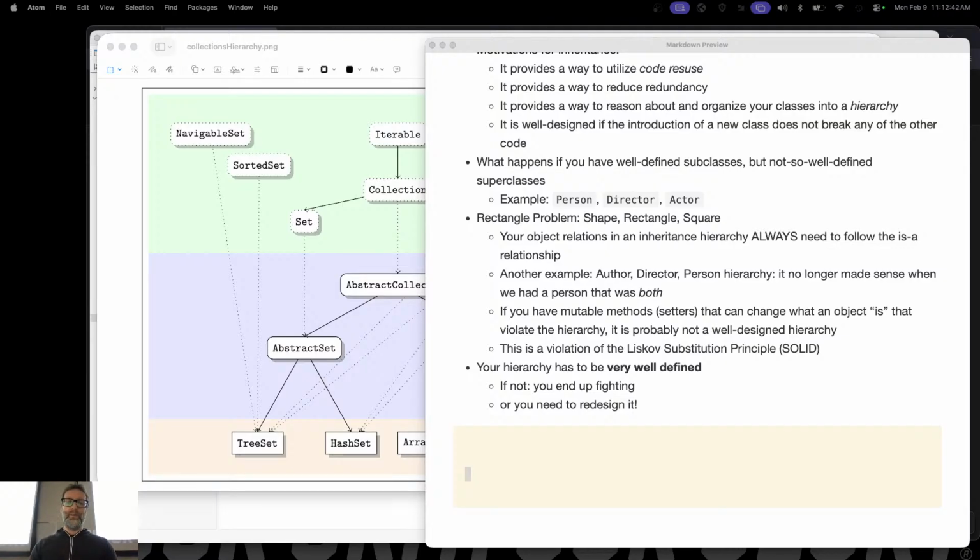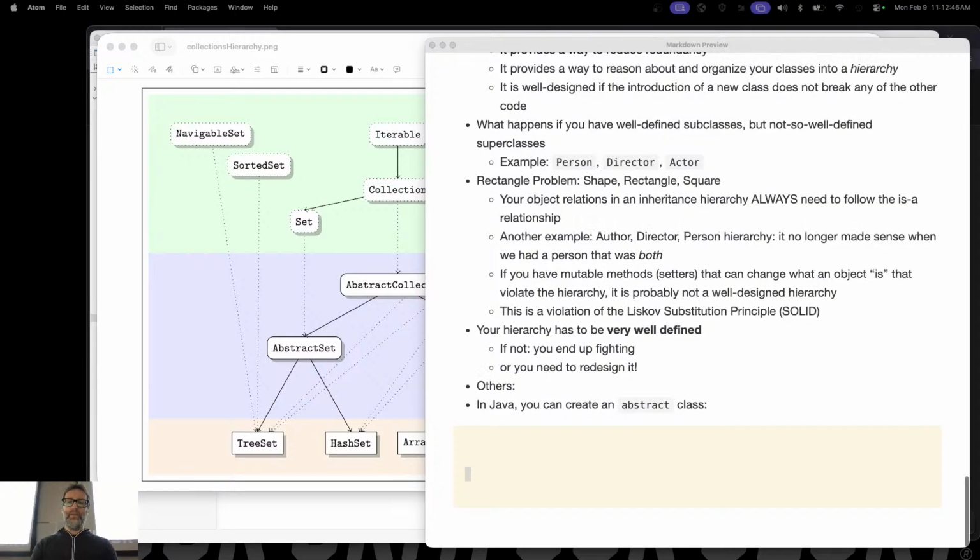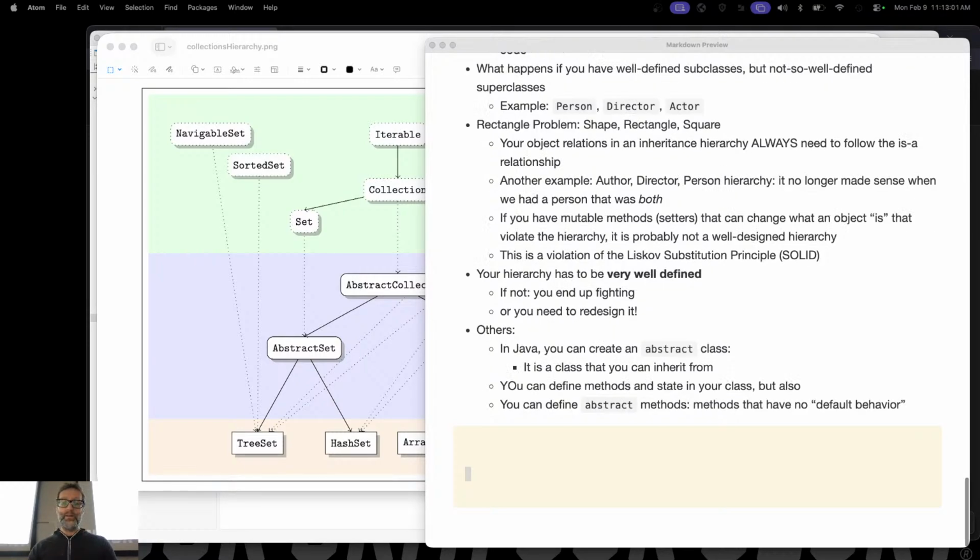All right, so some other observations here. In Java, you can create an abstract class, right? It's a class that you can inherit from.